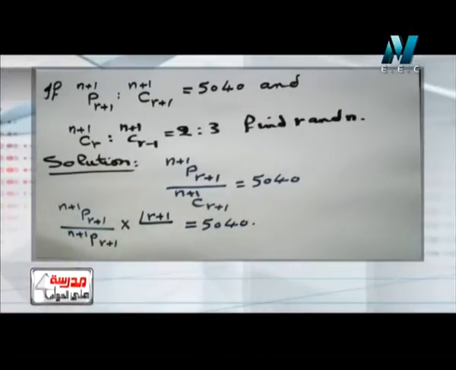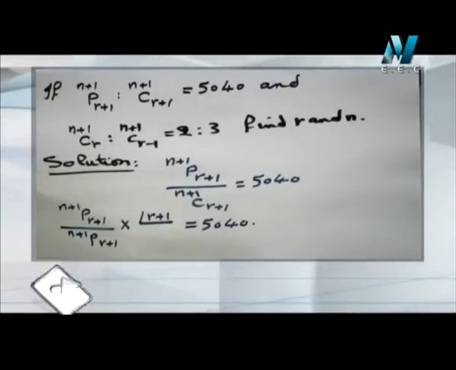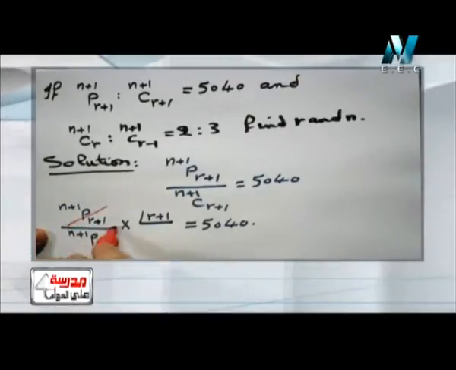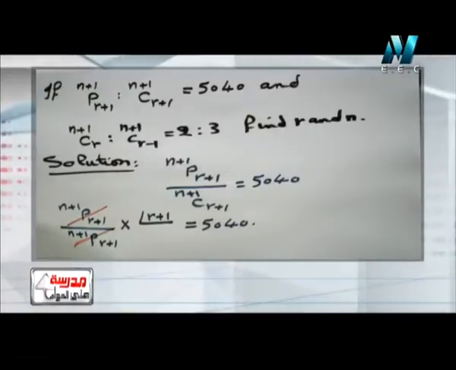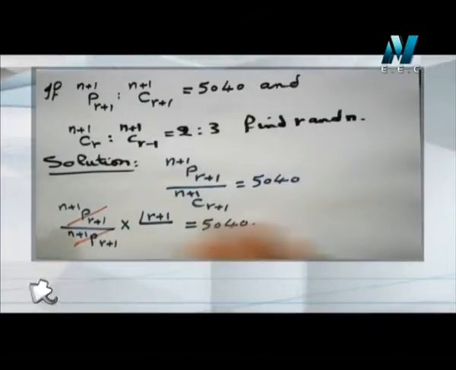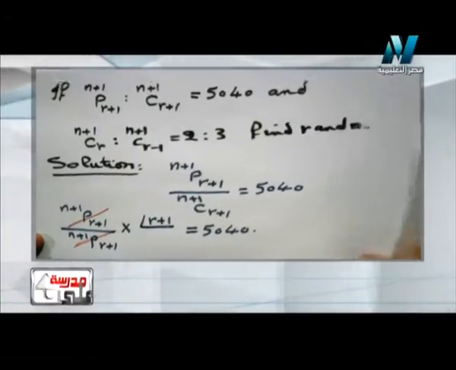We can cancel (n plus 1)PR plus 1 up and down. Then factorial R plus 1 equals 5040.